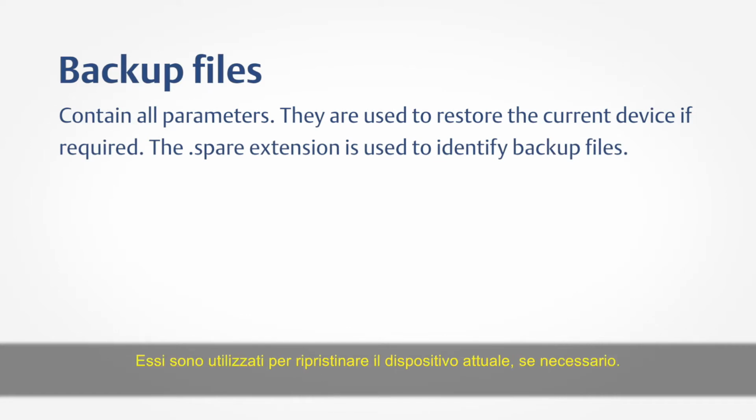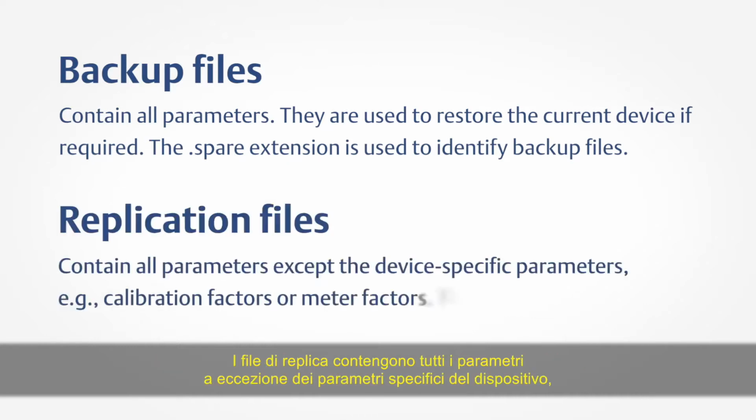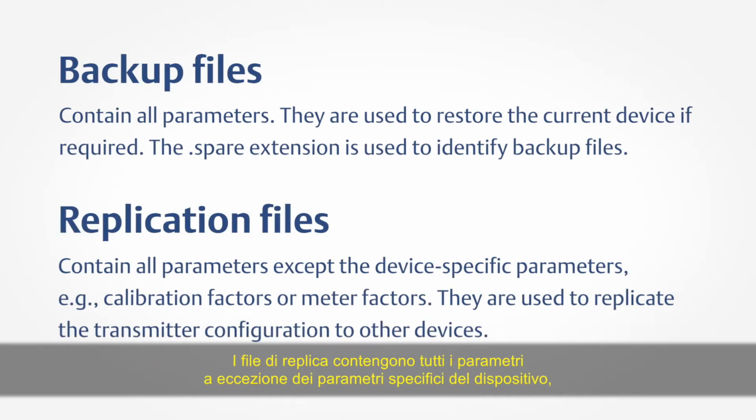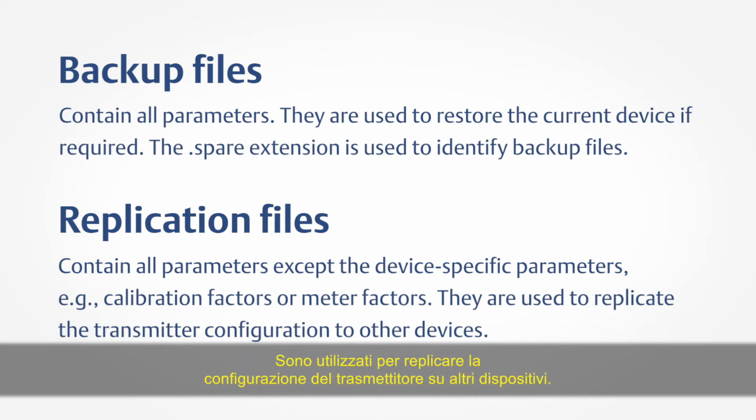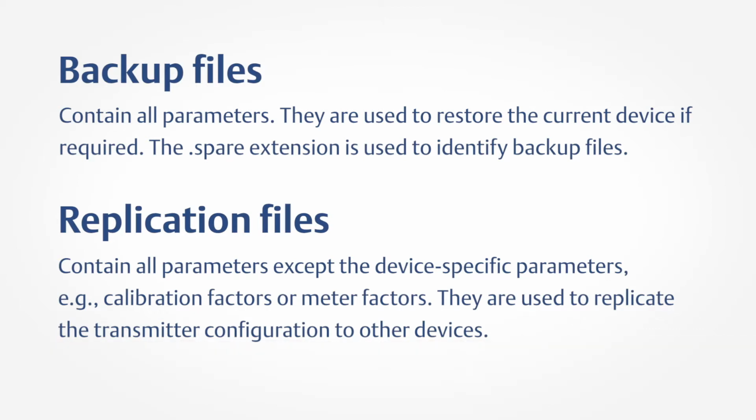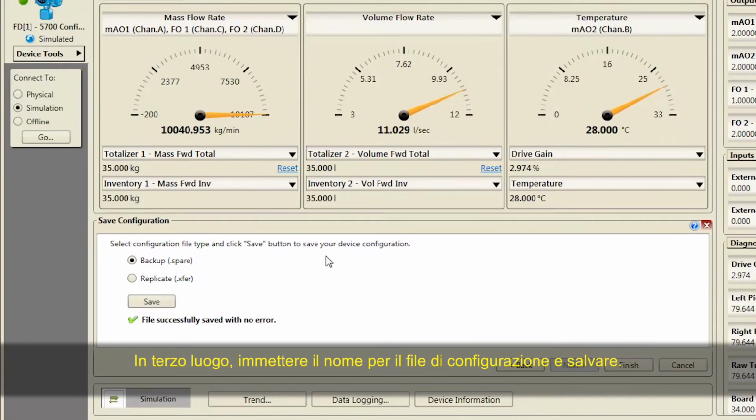They are used to restore the current device if required. The spare extension is used to identify backup files. Replication files contain all parameters except the device-specific parameters, for example, calibration factors or meter factors. They are used to replicate the transmitter configuration to other devices. Third, enter the name for this configuration file and save.